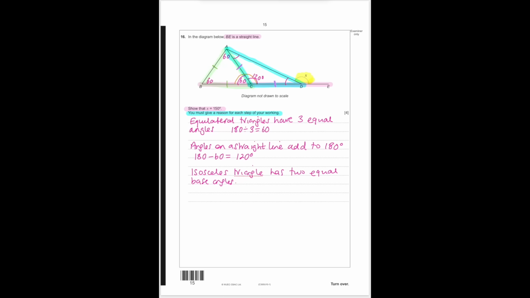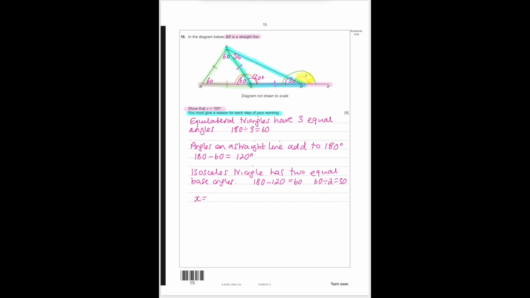So I'm going to do 180, take away the 120 that I've just worked out, which is 60. But then I'm going to do 60 divided by 2 because each of these base angles are equal. Okay, last step. I can now use angles on a straight line again to find out what x is.